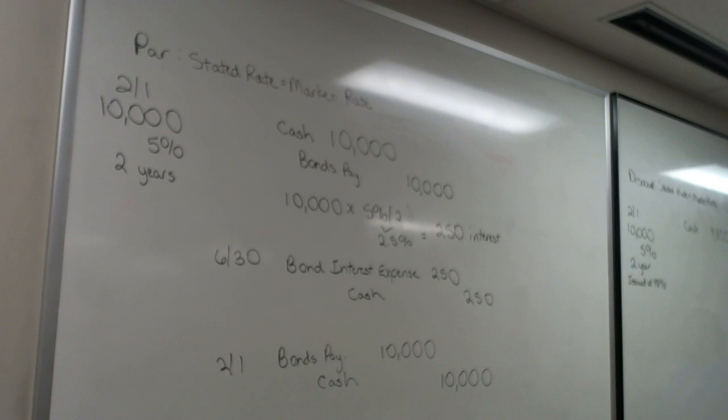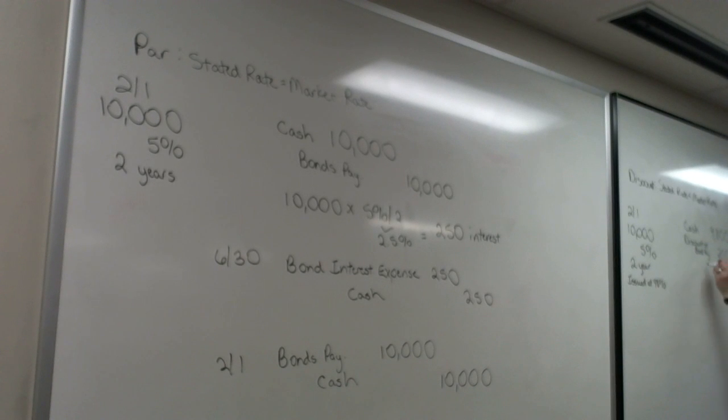Okay. So we've discounted this bond $200. Okay. So our discount on bonds payable is $200. So that gets debited. That discount on bonds payable gets debited.